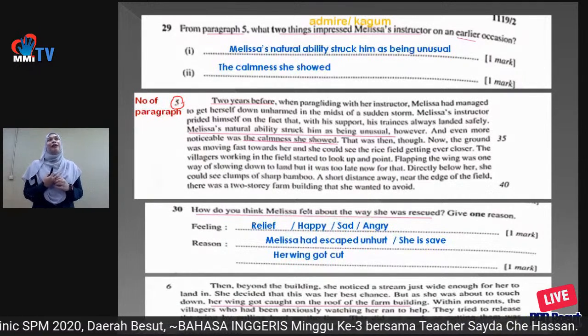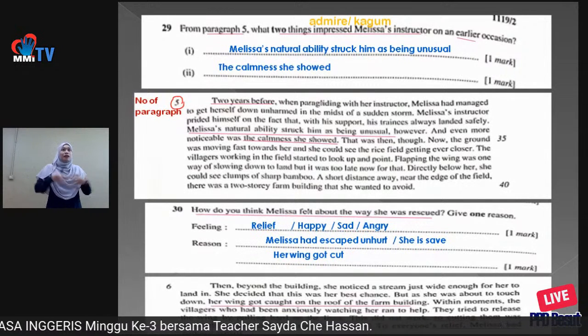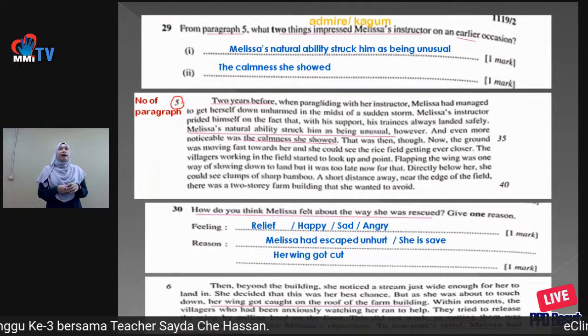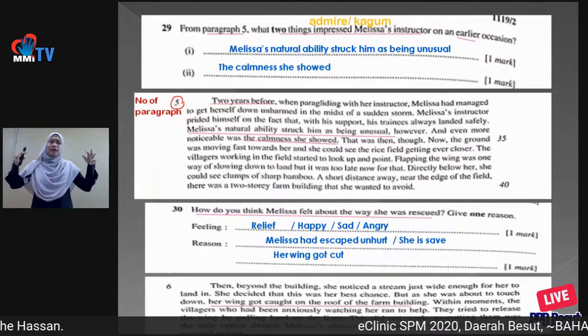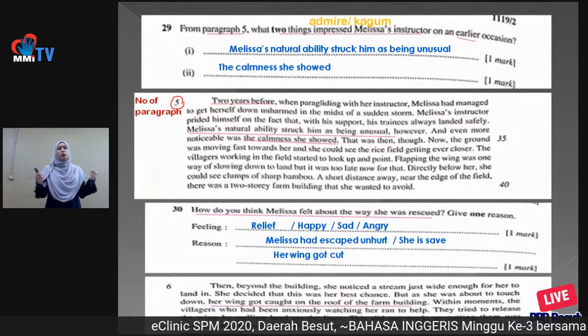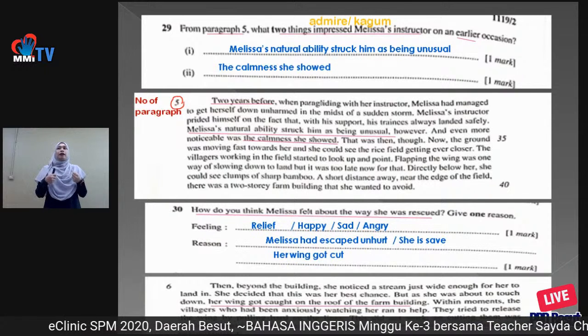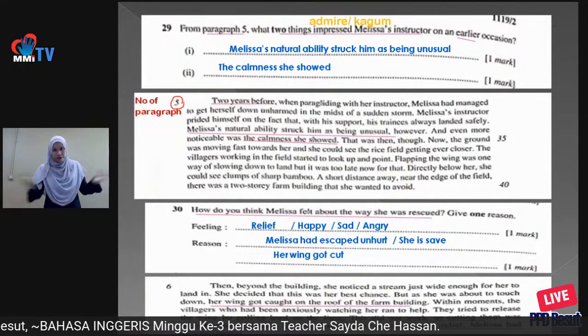No lah. I mean, we aim to get the marks, but then when you try to complicate things by writing words yang mungkin susah sikit, maybe yang examiner macam cakap, betul ke ni? Okay, let's go very straightforward, very straight to what the question wants. So happy, she is safe. Okay.